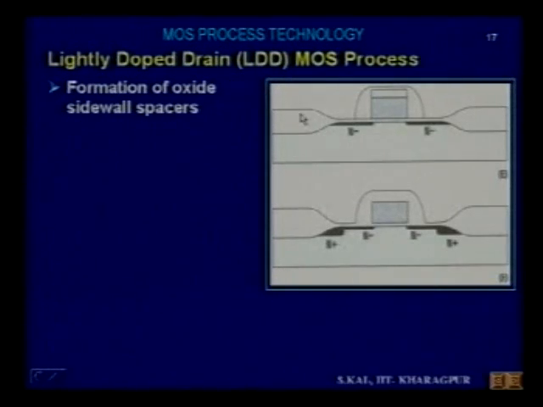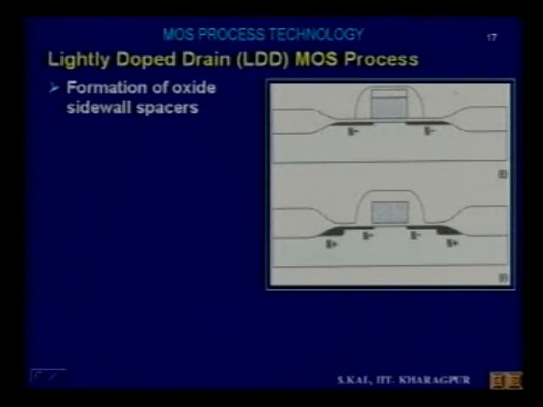That oxide is etched in this region vertically, because it is a highly selective and vertical, anisotropic etching. So the sidewall oxide will not be etched because it is directional etching, RIE. So the sidewall oxide will remain. Similarly, from the top also it will be removed. So this is known as the sidewall spacer.